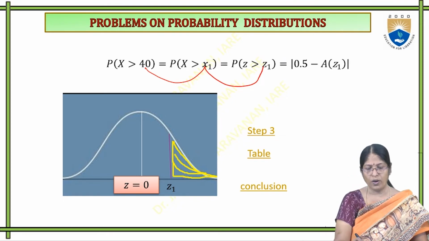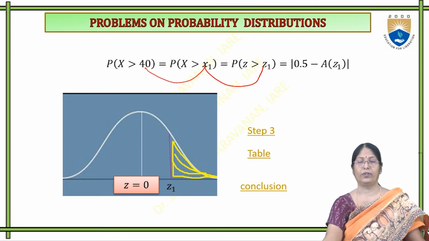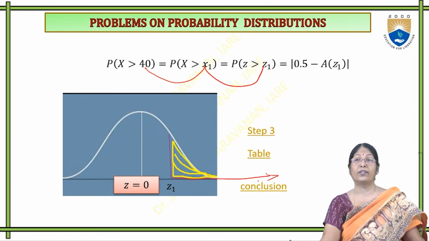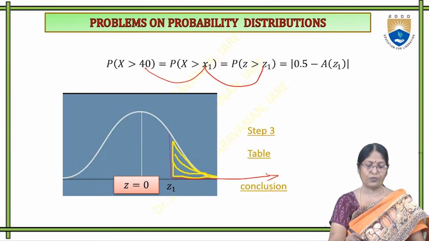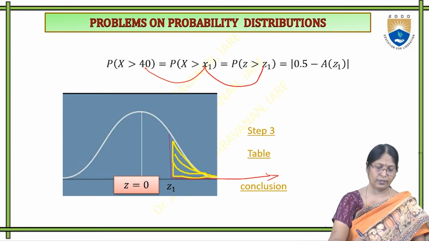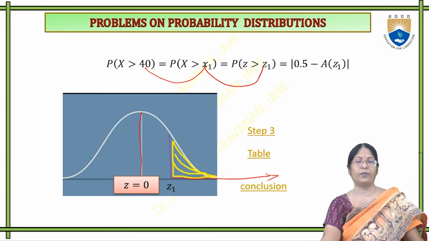Now we want the area greater than z1. So this part is to be calculated, that is, the right side of the point z1. This yellow shaded area we have to calculate. We know this vertical line divides the total area, and the total probability is always 1.